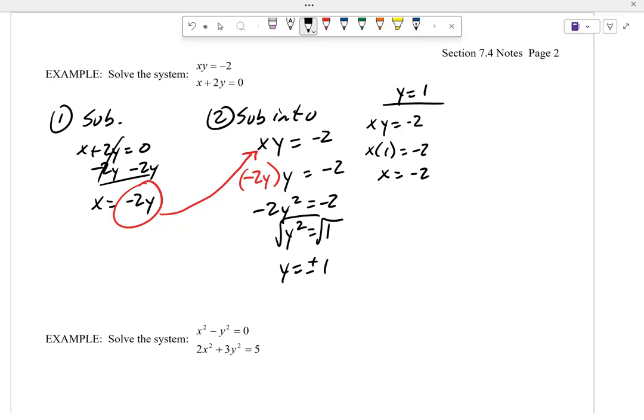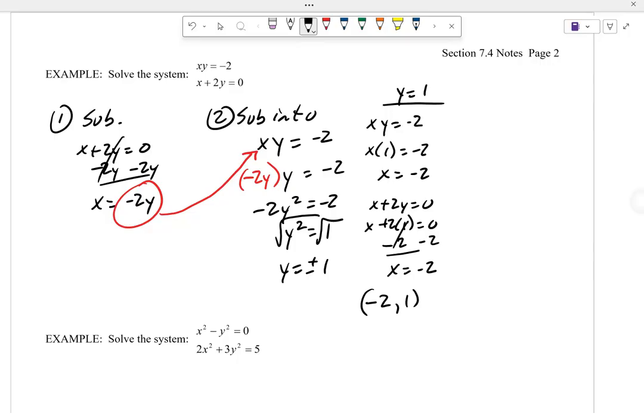I could have also plugged it into the other one, subtract 2 on both sides, and either way you get x being negative 2. When x is negative 2, y is 1, so that satisfies both of them.